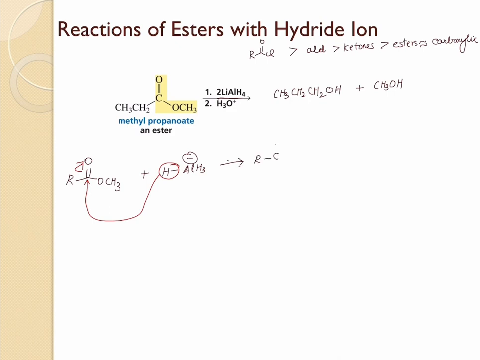So this is our tetrahedral intermediate, and this is the hydride ion that has been added. Since this tetrahedral intermediate has got a leaving group, as these electrons come in, this is going to leave. Now it has been converted into an aldehyde. Once it has been converted into an aldehyde, it is going to react with the second hydride ion.